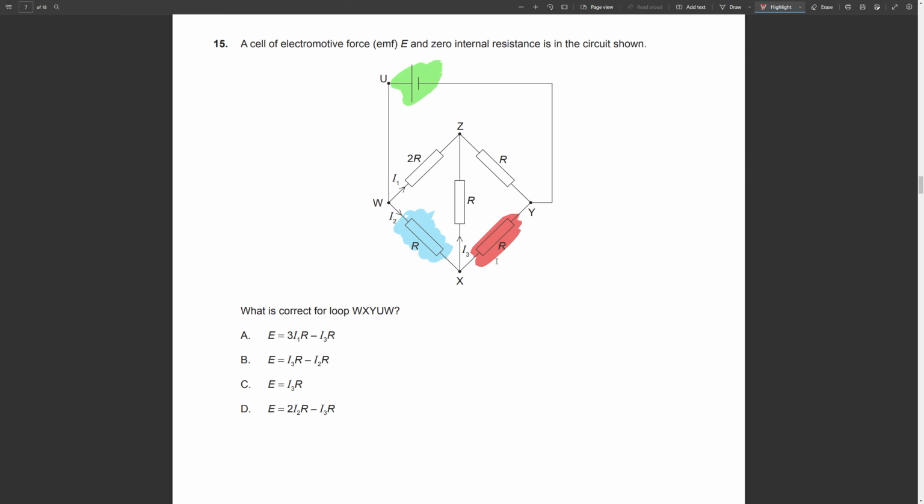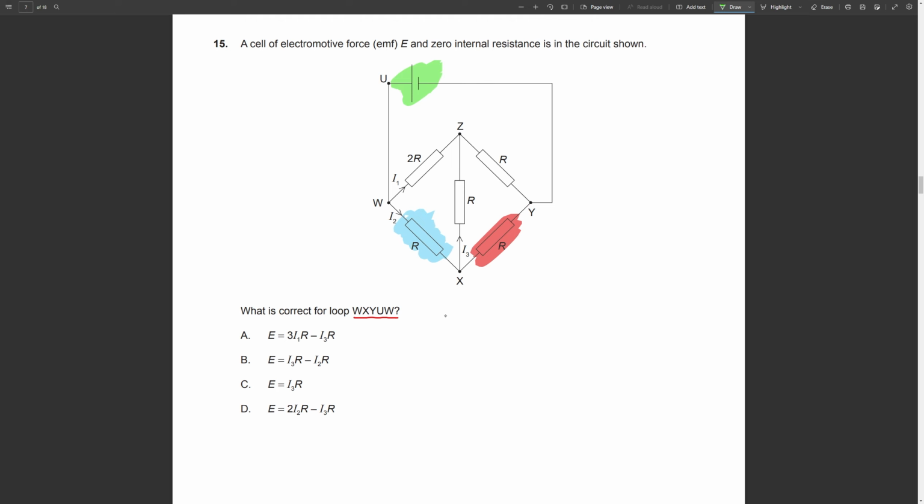We are not going to study the rest because according to the question, we are studying the loop WXYUW. And this is the external loop. For all closed loop, according to the Kirchhoff's law, it should be conserving its energy, which means the voltage gain and the voltage lost, they are the same.